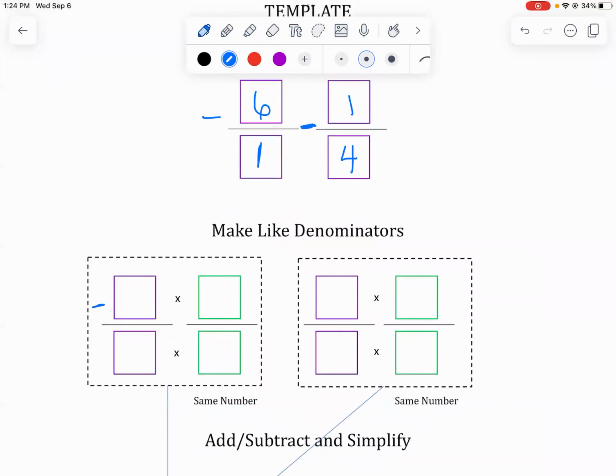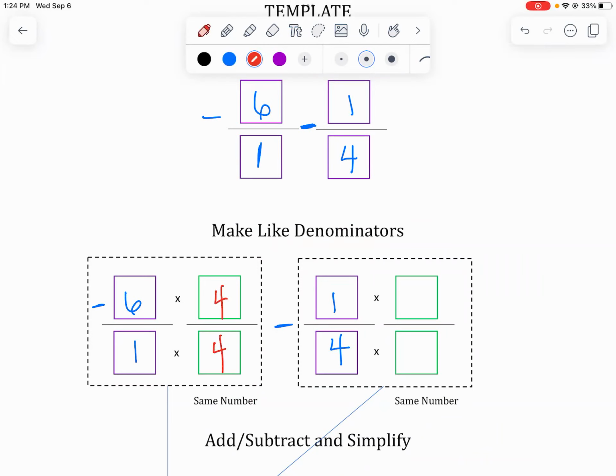Okay. Austin, what are we going to multiply this by? Yes, 4.